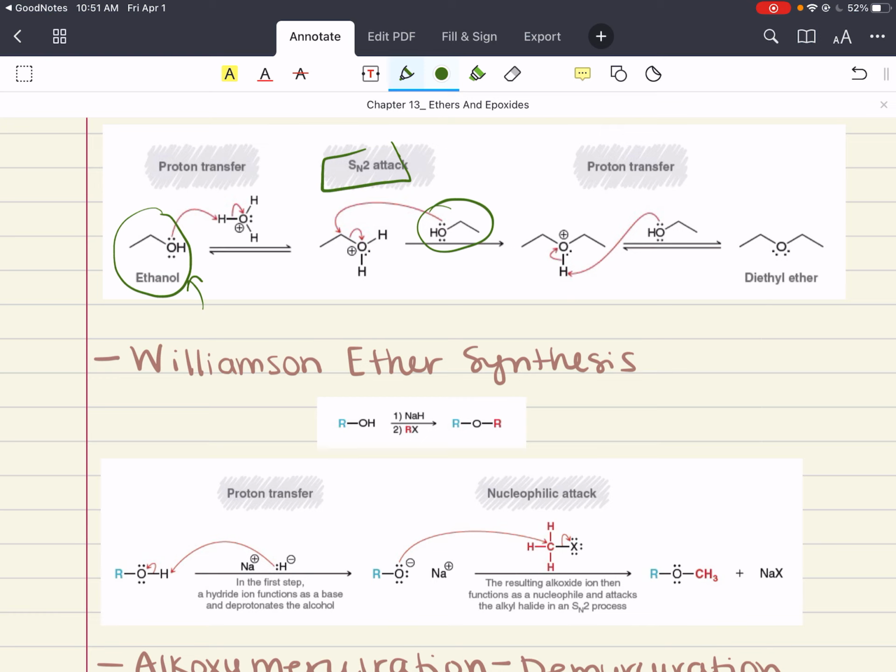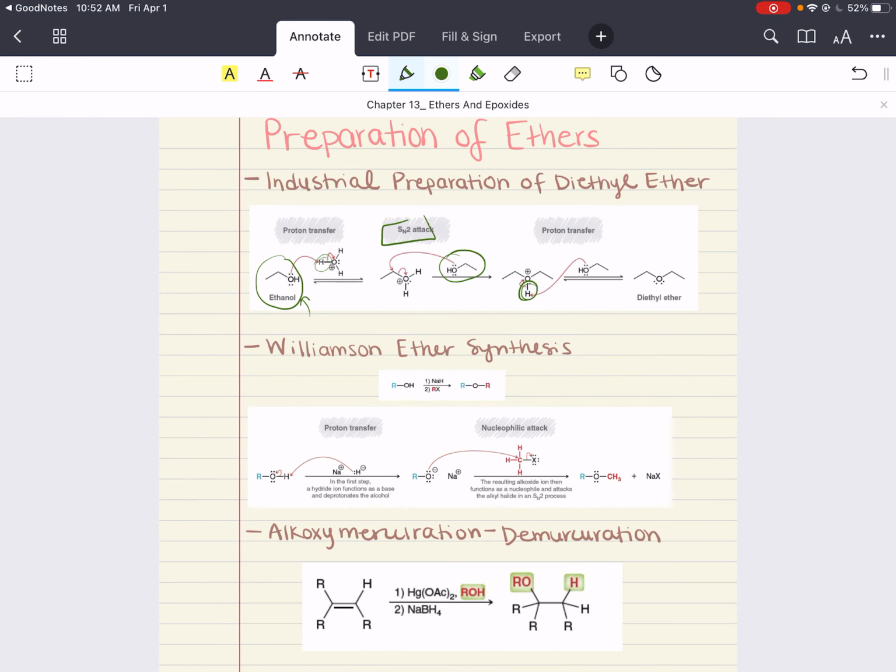As the final step, deprotonation generates the final product. Notice that the proton used in the first step and the proton that is liberated in the last step is conserved. The acid is therefore a catalyst, not consumed by the reaction, and it enables this SN2 process to proceed. So this is how ethers are prepared industrially.